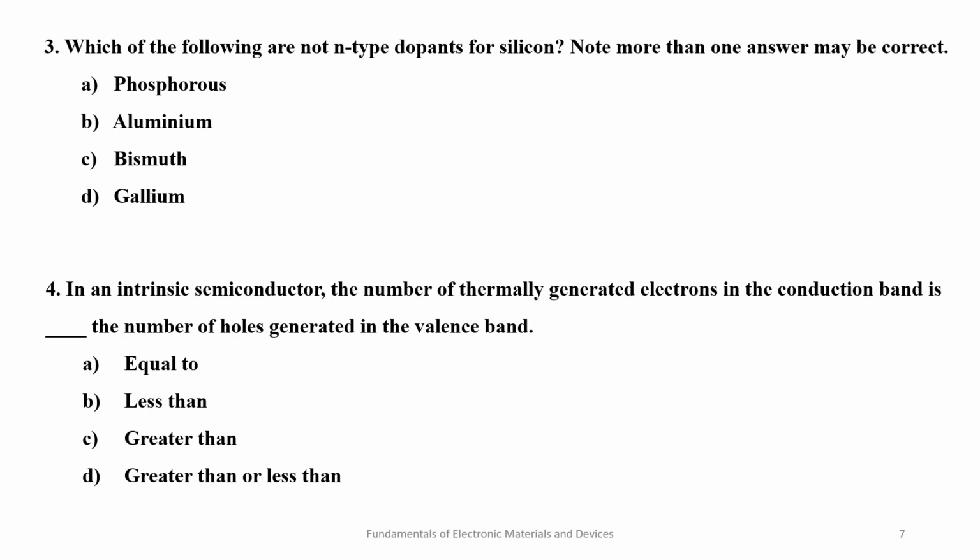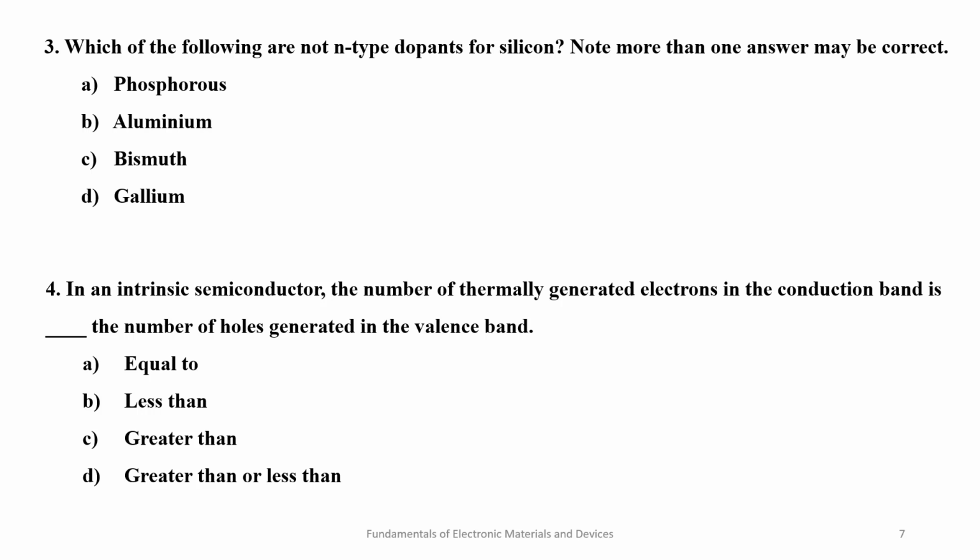Next is: which of the following are not n-type dopants for silicon? Note that more than one answer may be correct. We have four materials here: phosphorus, aluminium, bismuth, and gallium. Out of these, which are not n-type dopants? Basically, an n-type dopant is something that, when added to a semiconductor material, gives additional electrons as carriers to the material. So which of the following are not n-type materials?